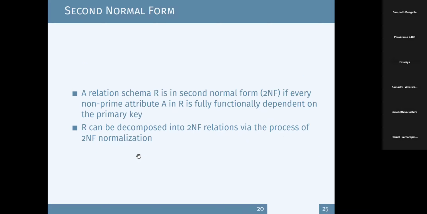In other words, a relation is in second normal form if every non-prime attribute, meaning attributes that do not belong to any primary key, is fully dependent on the primary key. And if it is not, we have to decompose it into second normal form.